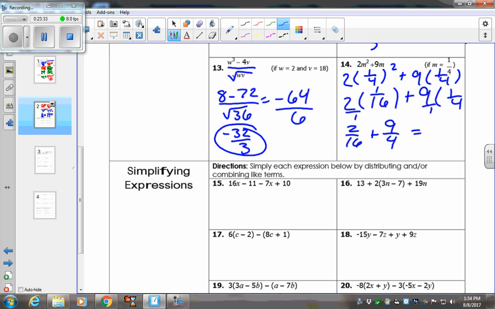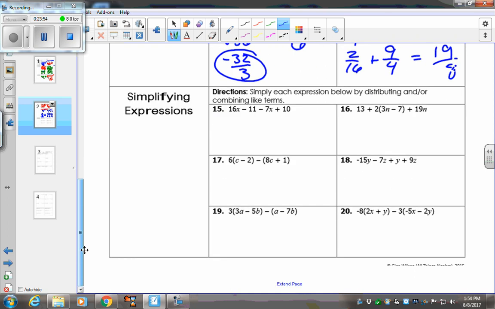So what's the reduced fraction? I think it's 19 over 8. So 19 over 8.